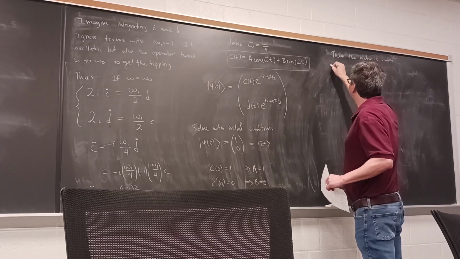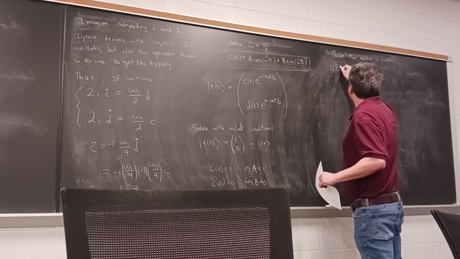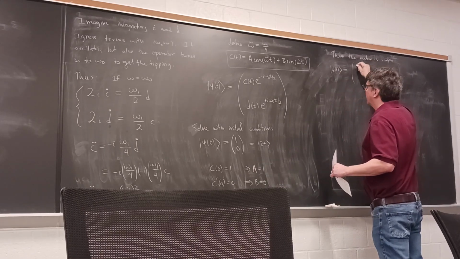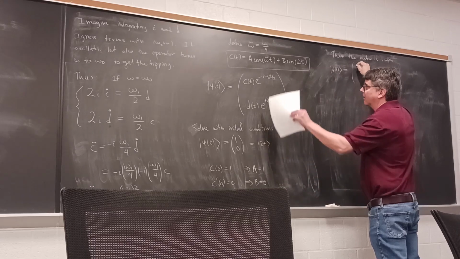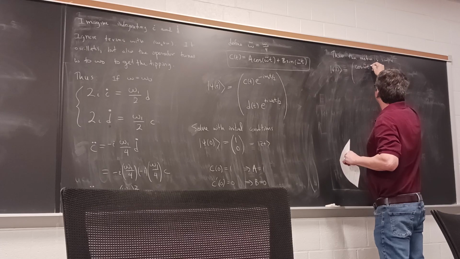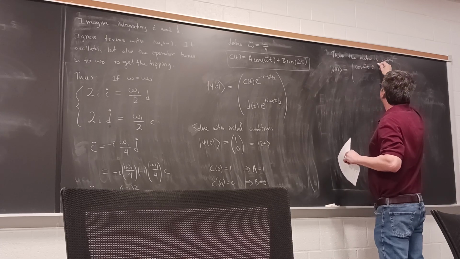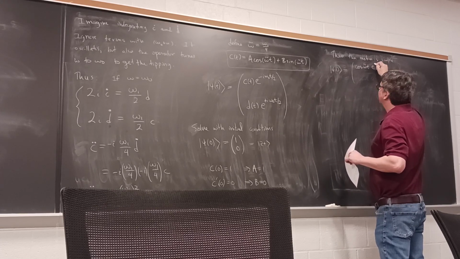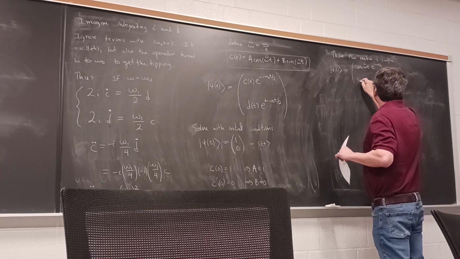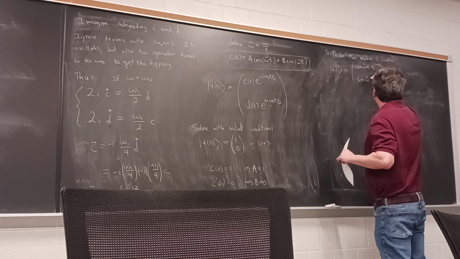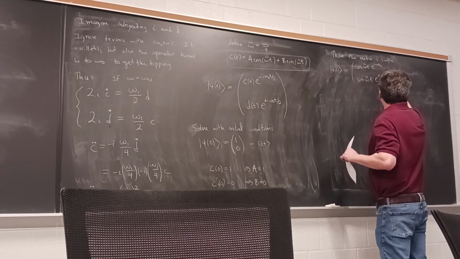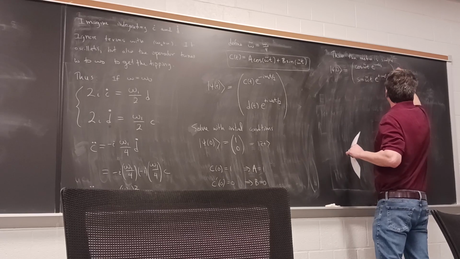Okay, so that means that psi of t is equal to cosine omega tilde t e to the minus i omega 0 t over 2, and D will be sine omega tilde t e to the plus i omega 0 t over 2.